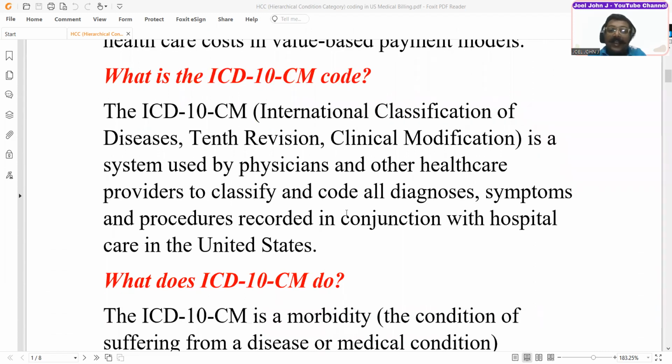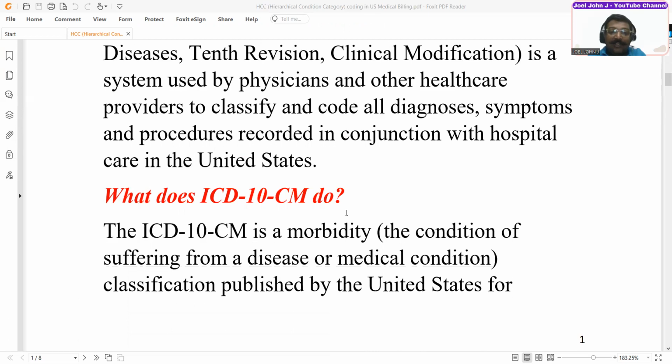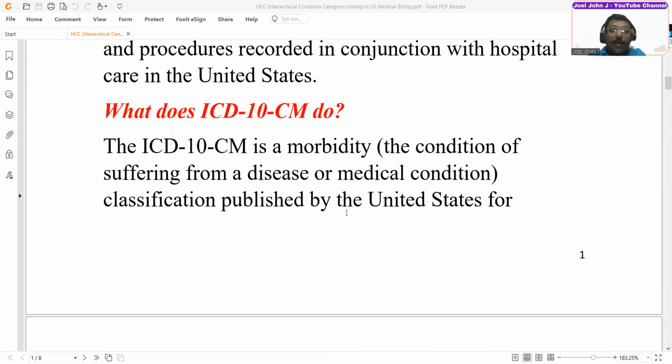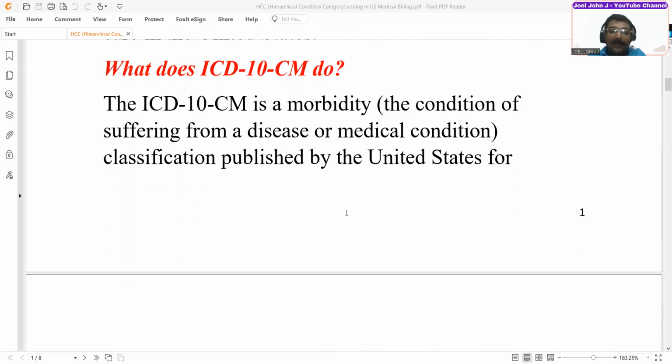ICD-10-CM, International Classification of Diseases, 10th revision, Clinical Modification, is the system used by physicians and other healthcare providers to classify and code all diagnoses, symptoms, and procedures recorded in conjunction with hospital care in the United States. What does ICD-10-CM do?